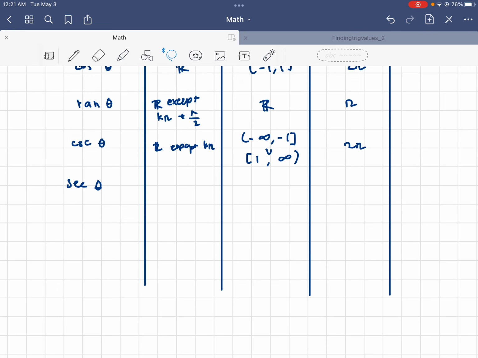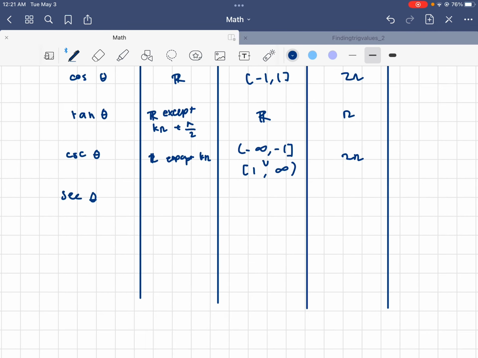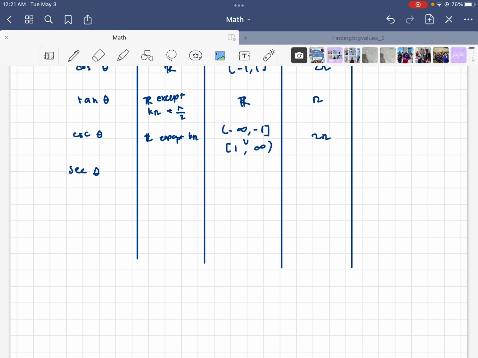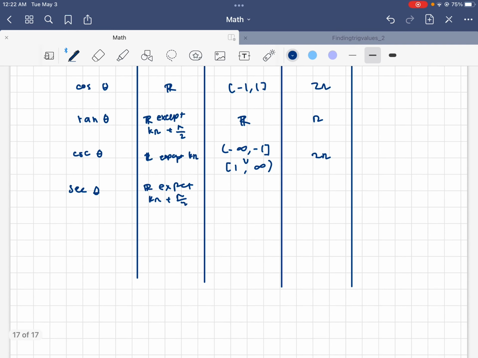Copy, paste. K pi plus pi over 2. The range is the same as cosecant, with parentheses.